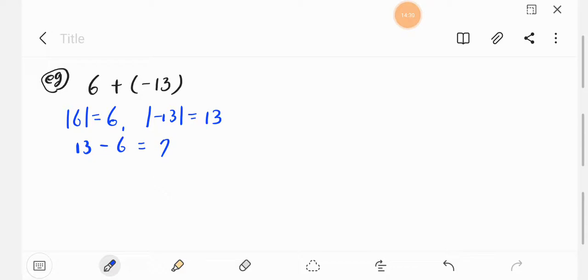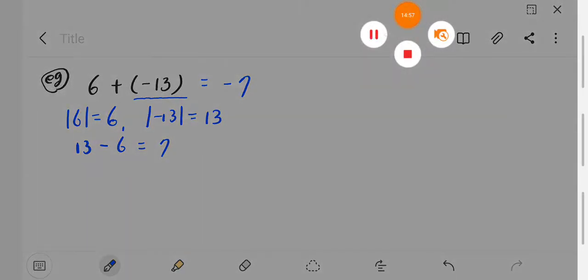And then the answer will be 7, but not yet. We will follow the sign of the number that has the larger absolute value. So 13 is larger than 6, so we follow the sign of this number, which is negative. So put the negative on 7. Okay, you have to keep practicing this one.